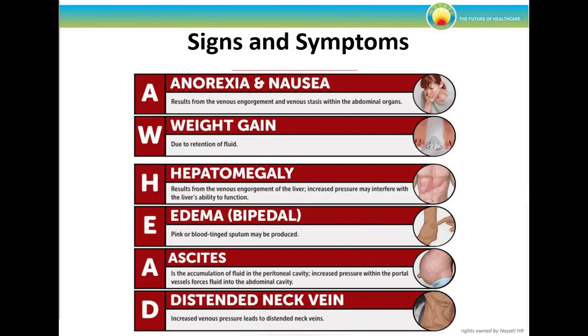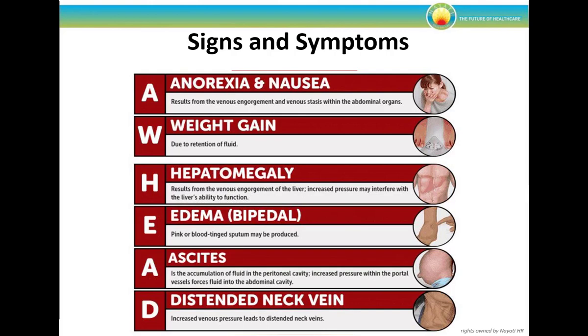Coming to the signs and symptoms, because of the decreased forward flow, patients can develop respiratory distress. They can develop anorexia and nausea because of the venous engorgement, venous stasis, and decreased perfusion pressure to the abdominal organs. Weight gain because of fluid retention, hepatomegaly, and right-sided discomfort.